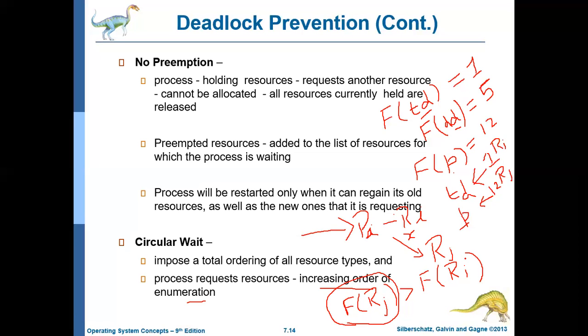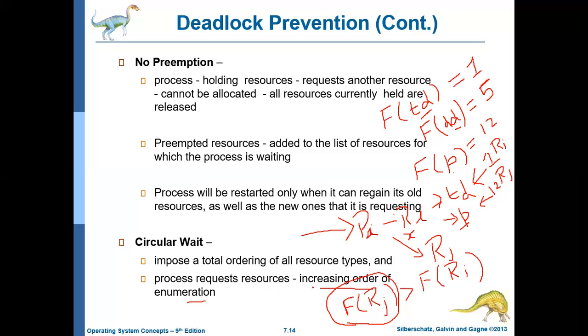Otherwise, it won't be allocated. For example, if the process first requests the printer and then requests the tape drive, it won't be allocated, and it will be asked to release. It should first give up the printer, and it should follow the increasing order of enumeration.